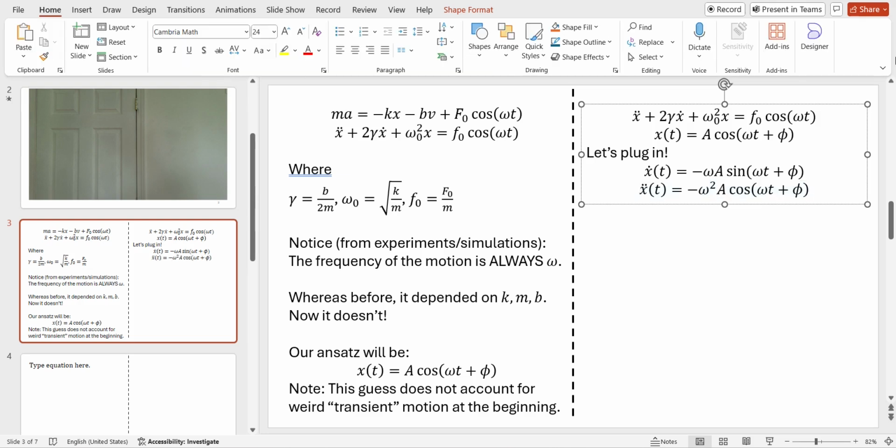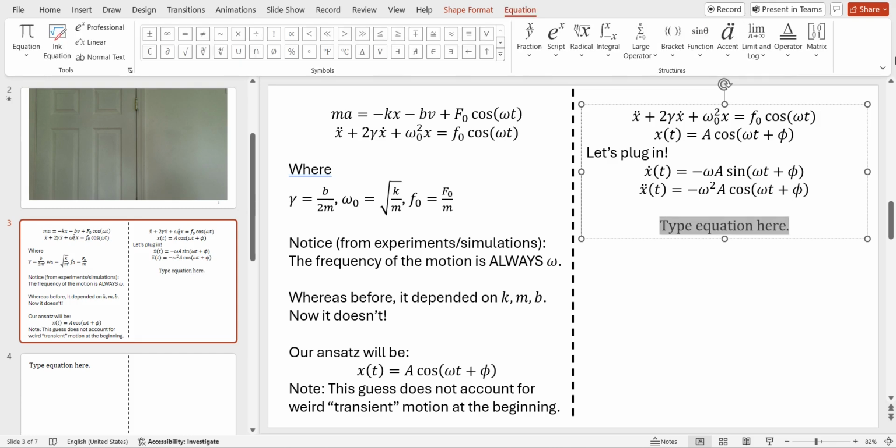And now if we throw those in there, we're going to get the following equation. We're going to get minus omega squared A cosine of omega t plus phi, that's the x double dot term, plus 2 gamma, and it's going to be minus in the end, 2 gamma, and then we have the x dot term, so that's omega A sine of omega t plus phi.